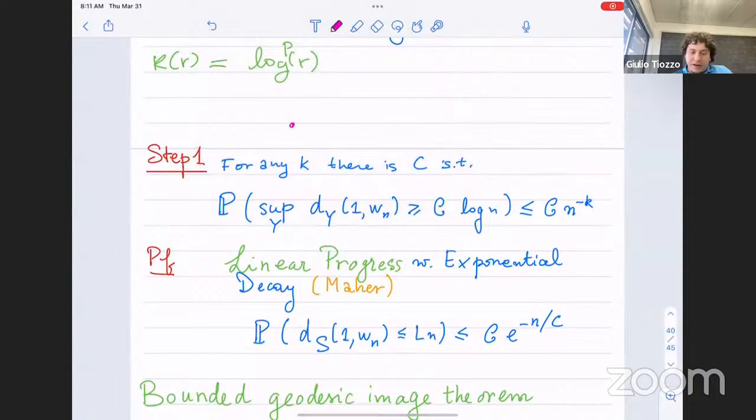In fact, remember that you already know, because of, for instance, Joseph's work, that if you take the random walk in the curve complex, the random walk does converge to the boundary of the curve complex, because the curve complex is hyperbolic. So there is a boundary point.